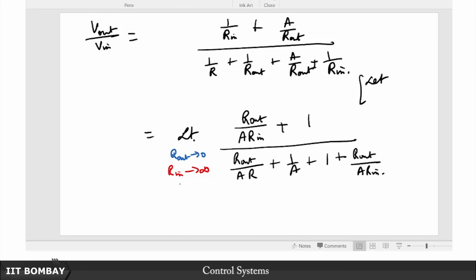And of course the one thing that we have already discussed, that A tending to infinity. So instead of having all three of them be ideal, you consider only one of them to be ideal and the other two to be non-ideal, and as a trial check what happens in this case.